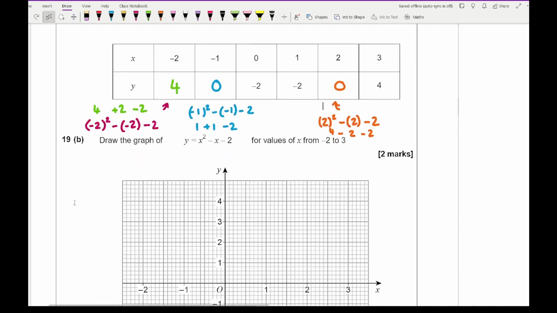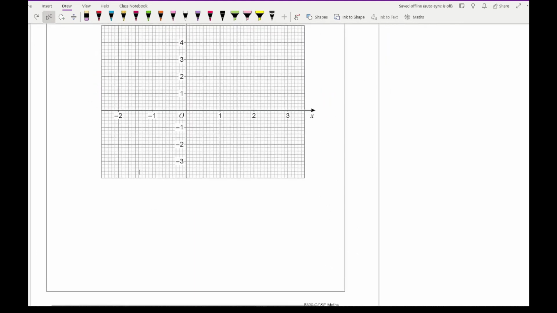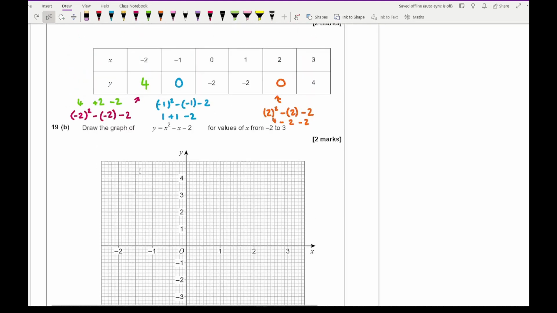Then for part B, it says draw the graph of y equals x squared minus x minus 2. So again, if I zoom out a little bit, I can see the table of values and the grid that I've got. Here we've got minus 2, 4, which is here, minus 1, 0, which is there, 0 is minus 2, 1 is at minus 2, and 2 is at 0, and 3 is at 4.